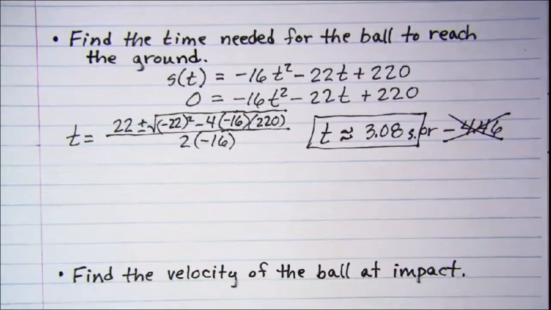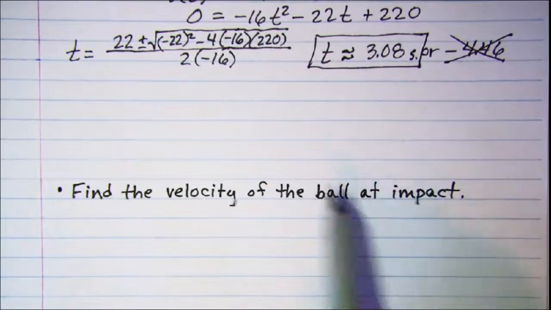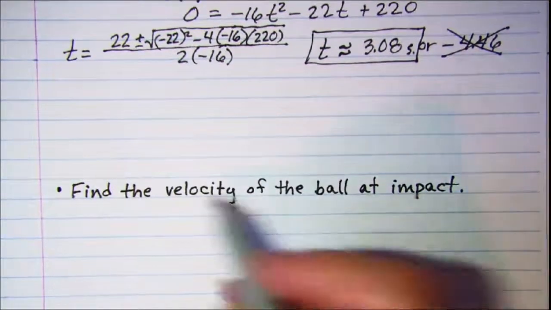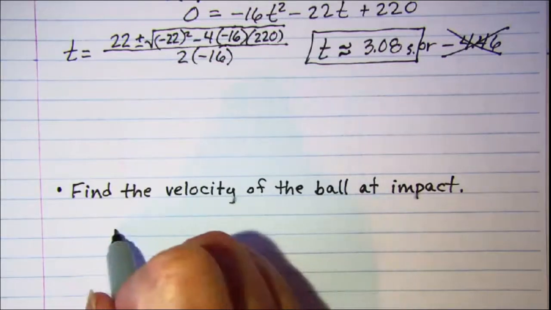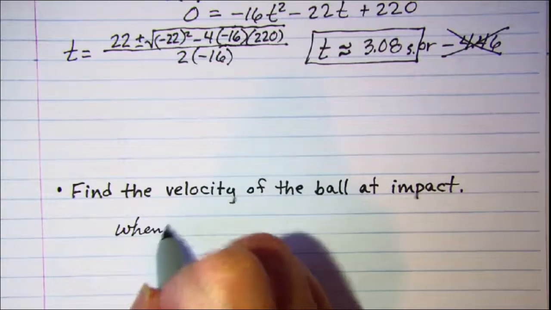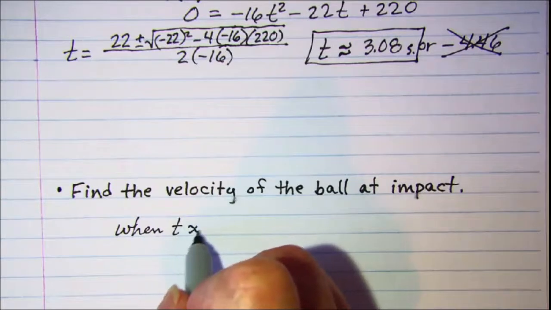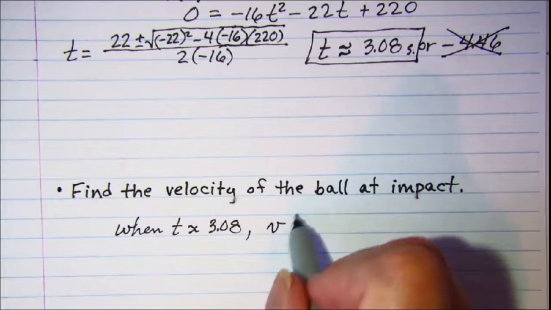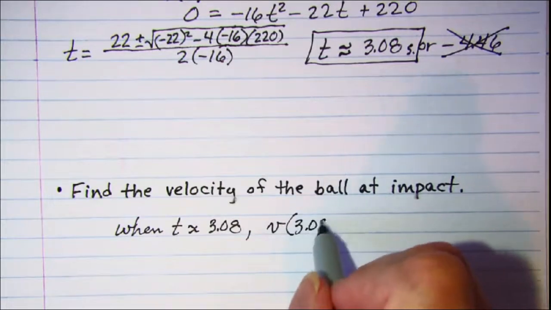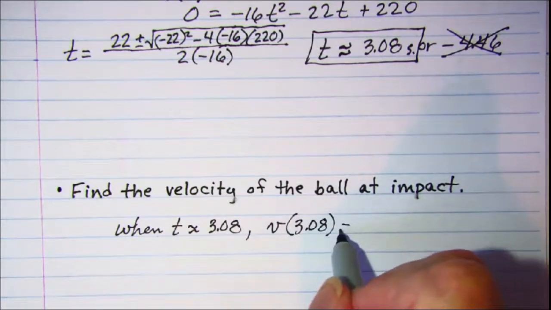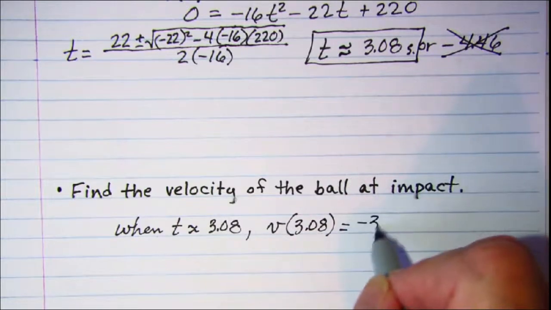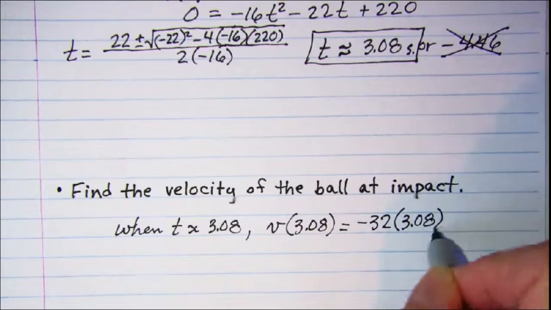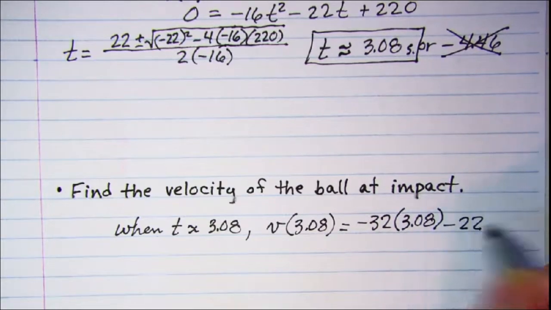And then finally, find the velocity of the ball at impact. So that means we're wanting to find the velocity when t is approximately 3.08. V of that number will be a negative 32 times 3.08 minus 22.